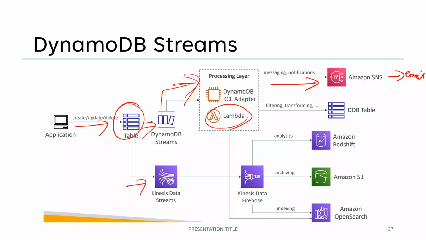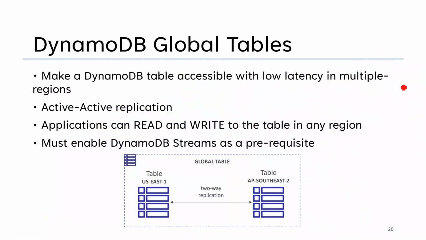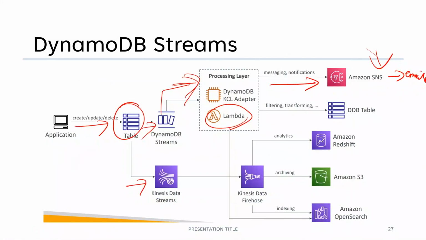When you add that user in a particular table, a DynamoDB stream gets invoked, which invokes another Lambda function. Then that Lambda function triggers an SNS notification. This SNS notification is configured to send an email notification and SMS notification to your subscribers. Your subscribers can be the people in your company's mobile phones or any kind of devices. You're going to learn about SNS later on, but that's it, sending some notifications. That is one of the use cases.